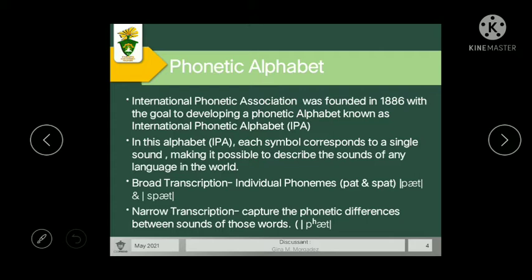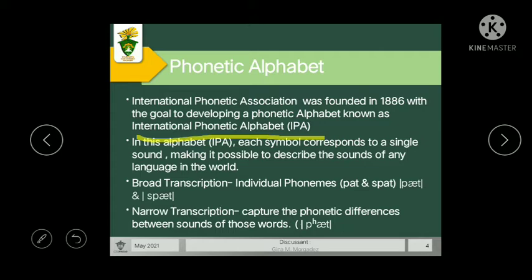So that is why, to advance the study of speech, the International Phonetic Association was founded in 1886 with the goal of developing a phonetic alphabet known as the International Phonetic Alphabet, or the IPA.